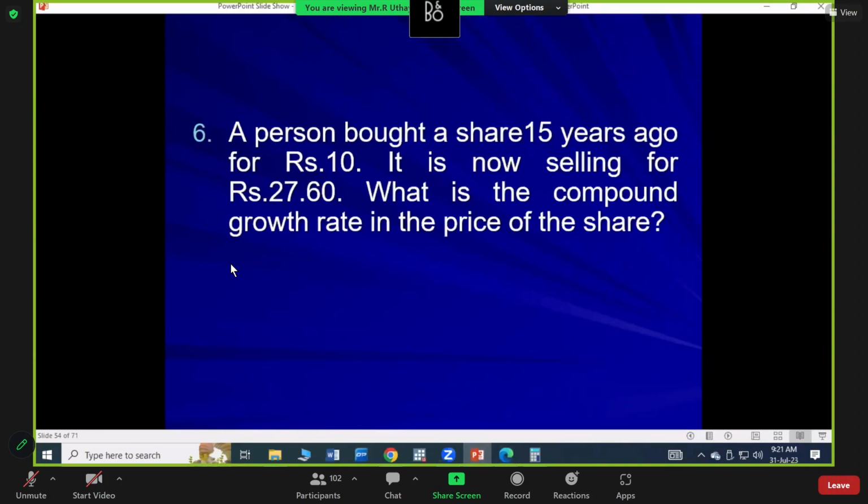A person bought a share 15 years ago for 10 rupees. It is now selling for 27.6 rupees, 27 rupees and 60 paise. What is the compound growth rate in the price of the share?